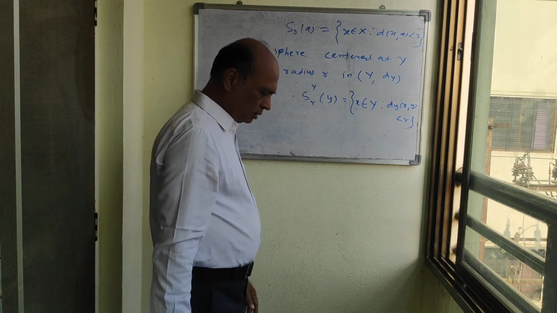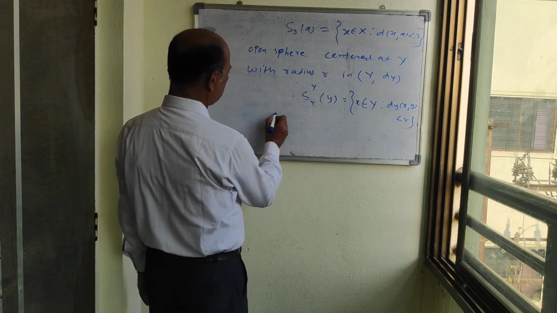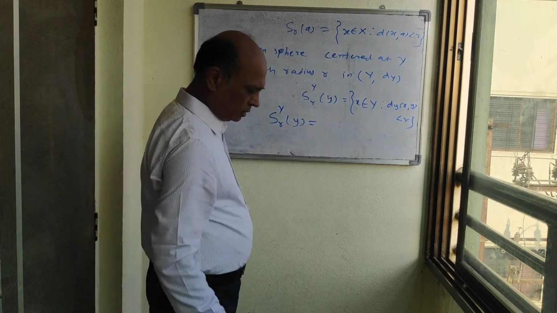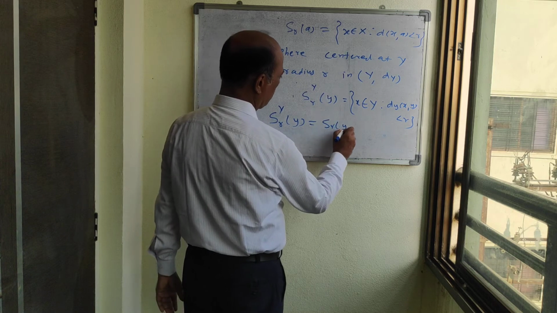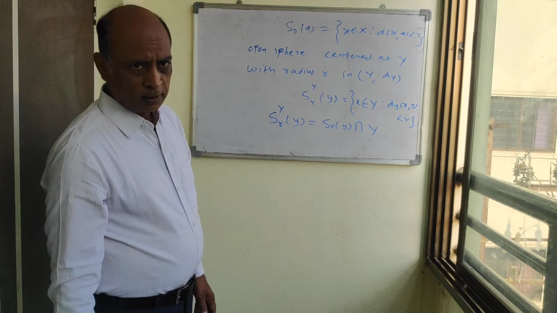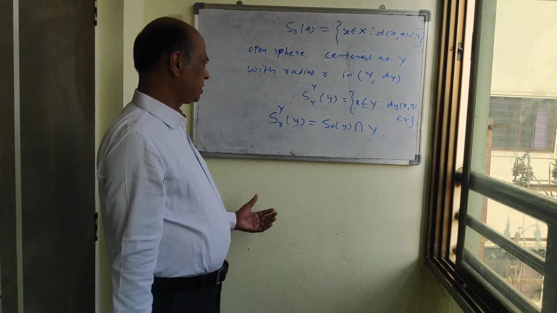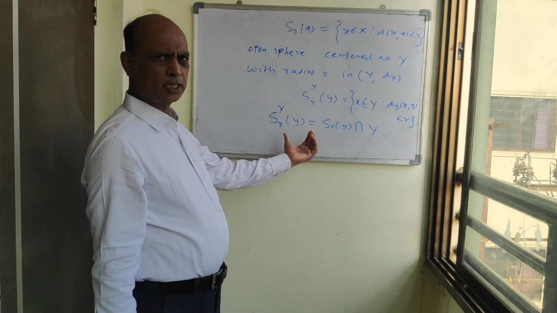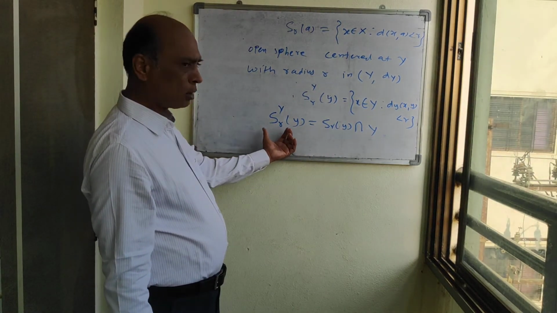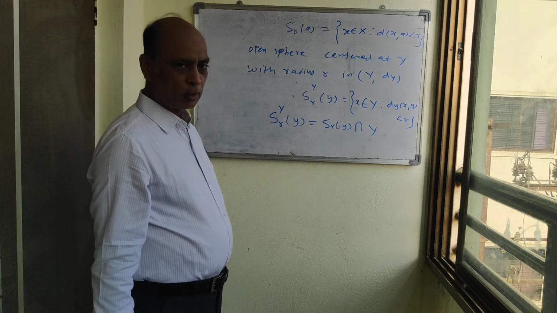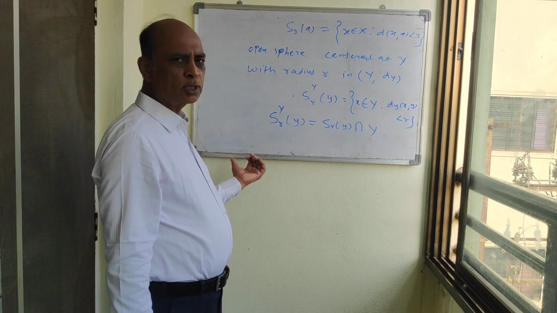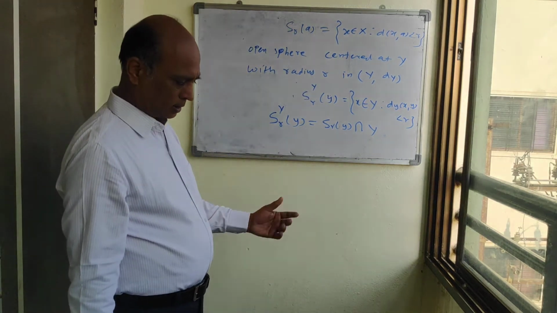Now we can verify that this S_R^Y of y is equal to S_R of y intersection Y. See, suppose there is one point in this S_R^Y of y, it means it must be in S_R of y and in capital Y, and therefore S_R^Y of y is equal to S_R of y intersection capital Y. This step will be useful in solving some next theorems.